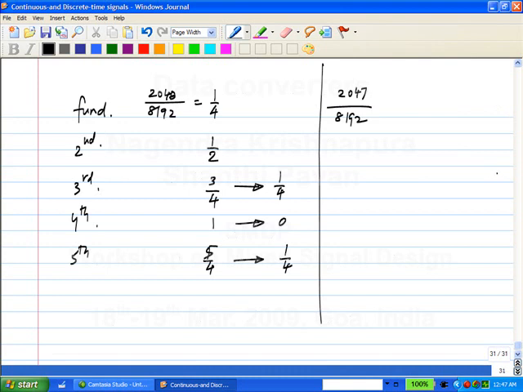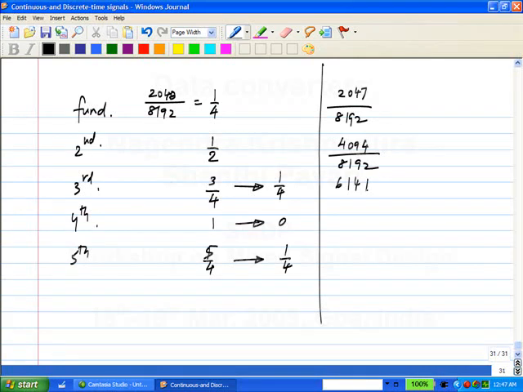This will be 4094 by 8192. The third harmonic? 6141 by 8192.